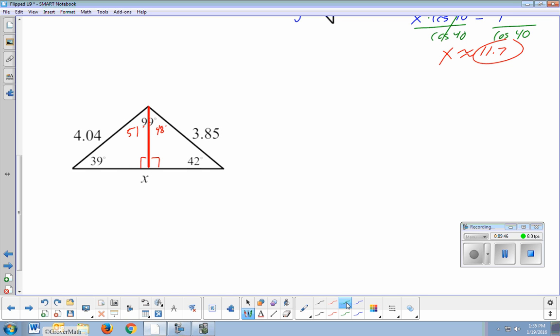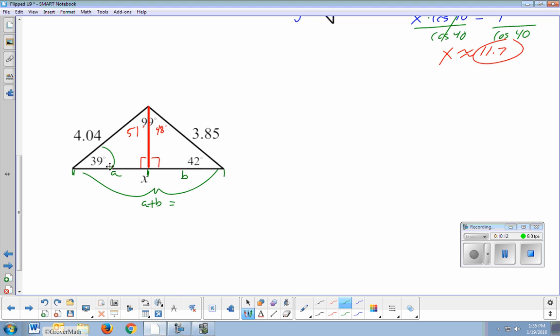Okay, then I'm working with two triangles at once. I can't find this whole side at the same time, but I could find this piece just from here to here working on this triangle, and then I could find this piece on the right triangle. And together I could add them together to be my missing piece. So, left triangle, I'm looking for side A. Now I have both angles, so it doesn't matter which one I do.